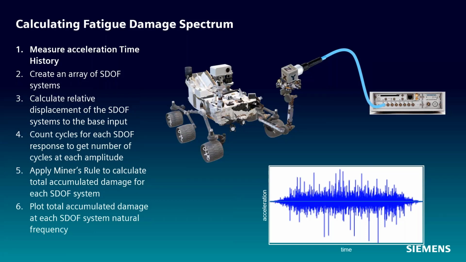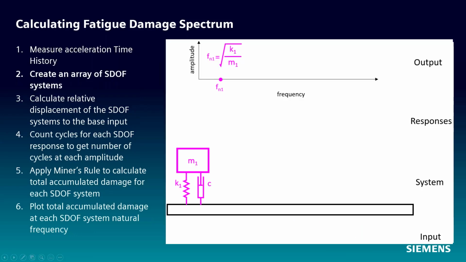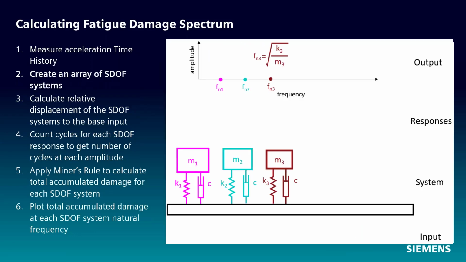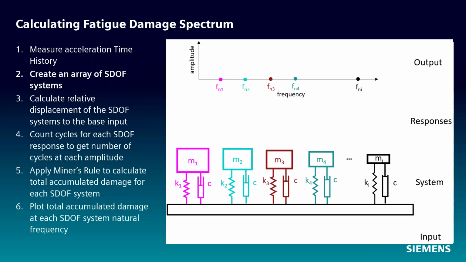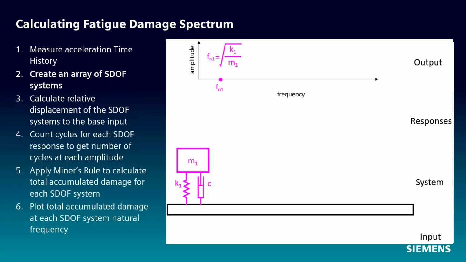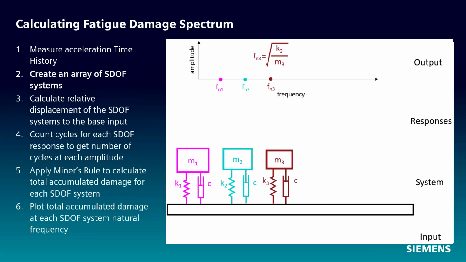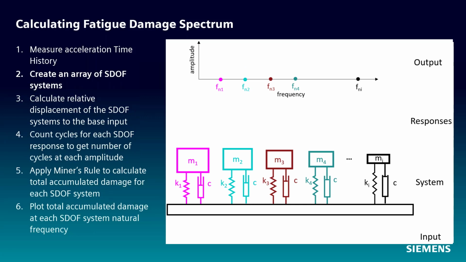The next step is calculating the relative displacement, and to do that, we need to create an array of single degree of freedom systems. So let's see how that works. Pretty straightforward. All we're really doing here is figuring out what the natural frequency needs to be to adequately describe our fatigue damage curve.